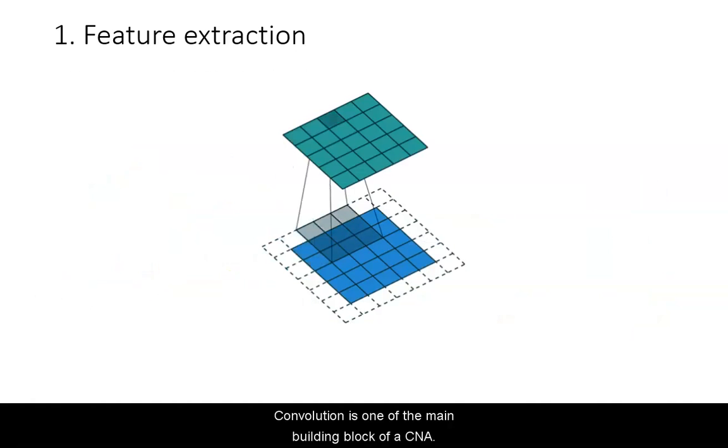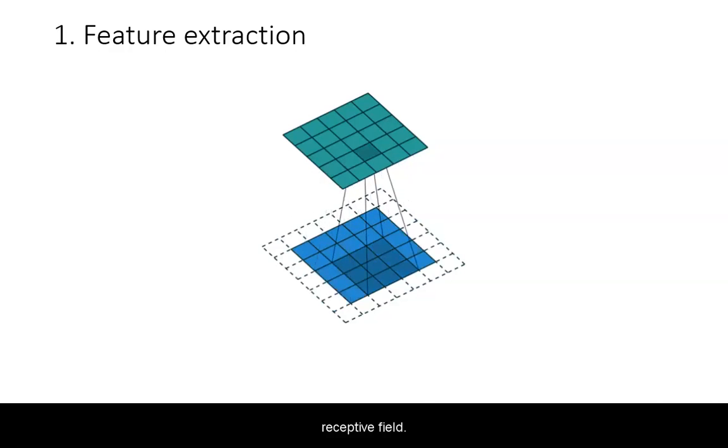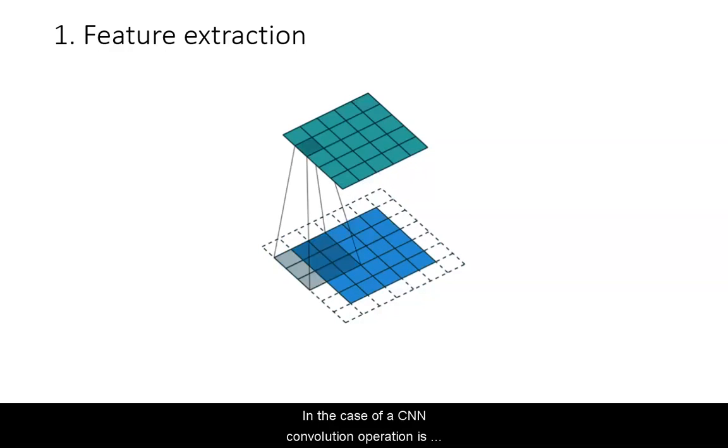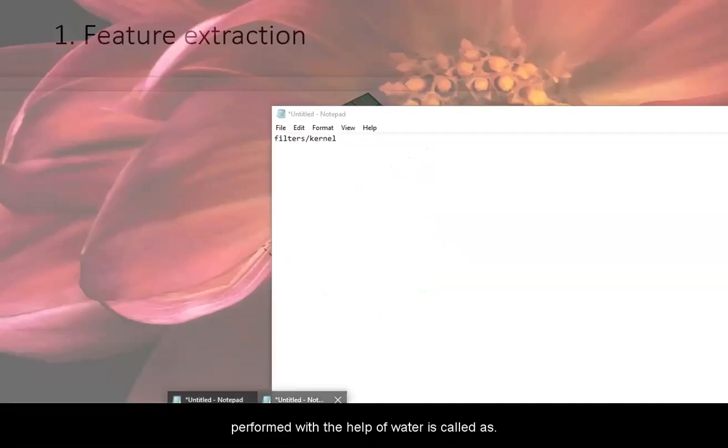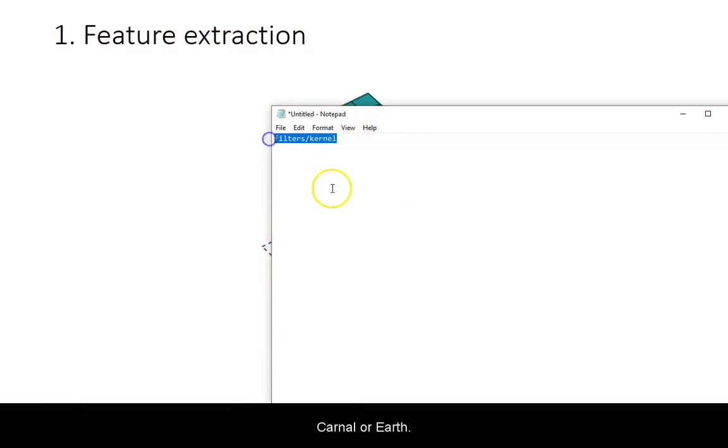Now, convolution is one of the main building blocks of a CNN. It is this convolutional operation that maps a local receptive field into a neuron in a hidden layer. In the case of a CNN, this convolution operation is performed with the help of what is called a kernel or a filter.